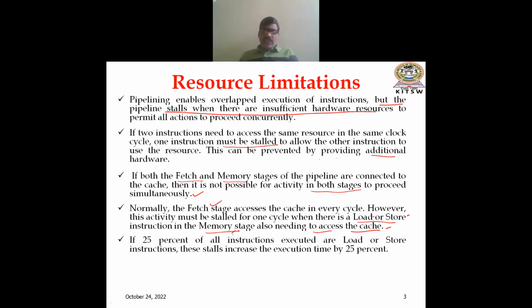For example, take a particular task consisting of a set of instructions, out of which 25% are load or store instructions. Out of the total n number of instructions, 25% are load and store instructions. Then these load and store instructions create stalls, thereby increasing the execution time of the program by 25%.